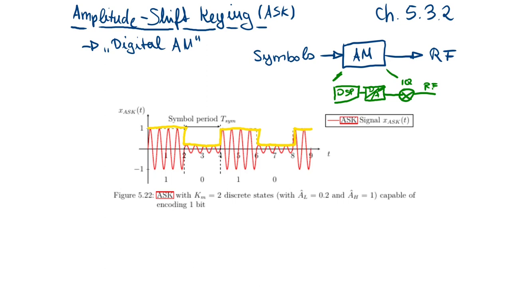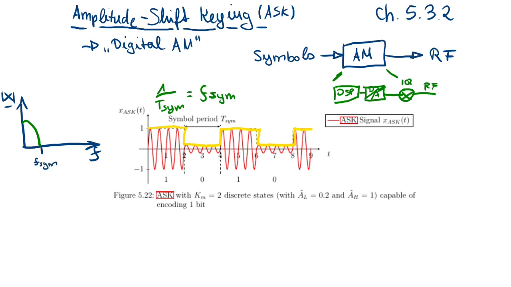And the inverse of the symbol period is the symbol frequency, which in the frequency domain gives the bandwidth of the symbol stream. So this is the bandwidth.